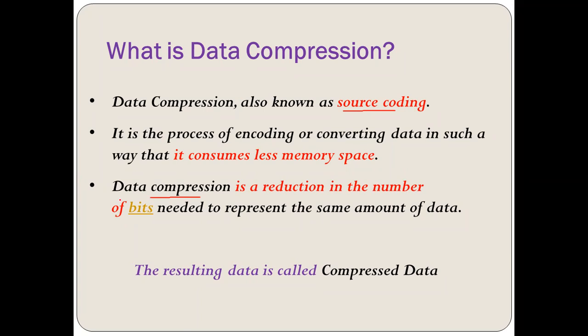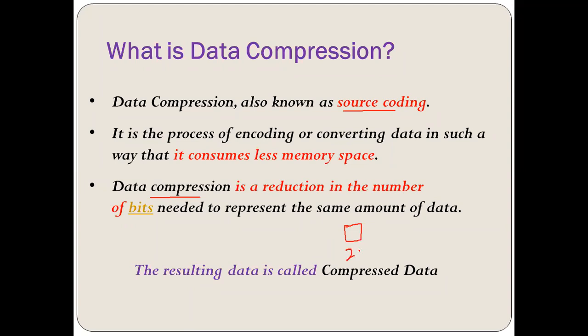So we have the specific definition: data compression is a reduction in the number of bits needed to represent the same amount of data. That means if we have a file of, let's say, 2 GB, and we reduce the number of bits required for storing this file, then we are using data compression techniques.